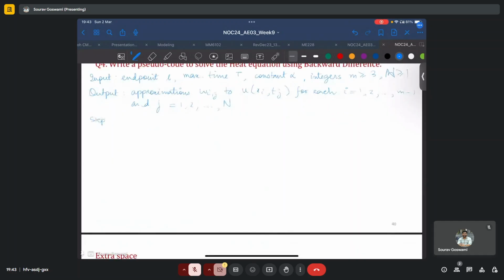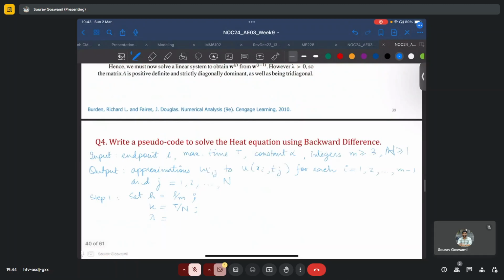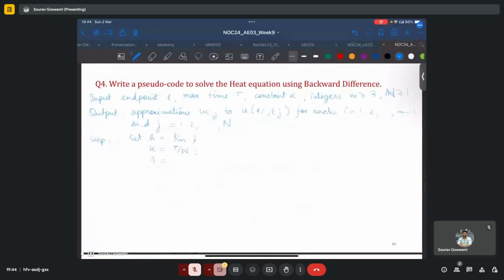In the first step we set these time and space steps. So set h equals L by m, k equals T by N, and the quantity lambda that we discussed, this quantity right here, as alpha squared k by h squared.